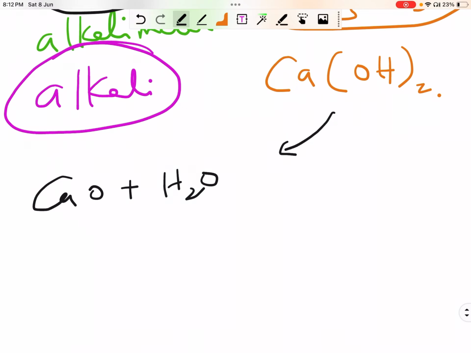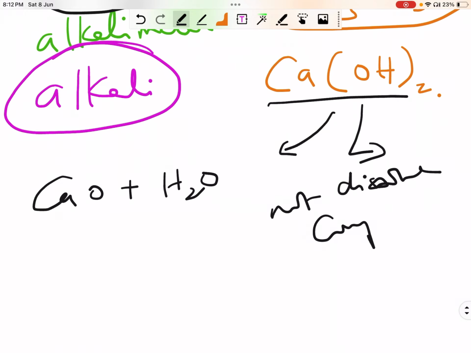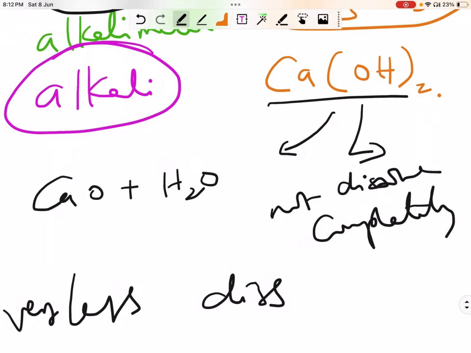This one is not dissolving completely, so the dissociation will be very less. Hence it is a weak base.